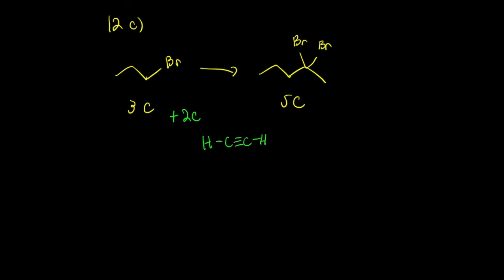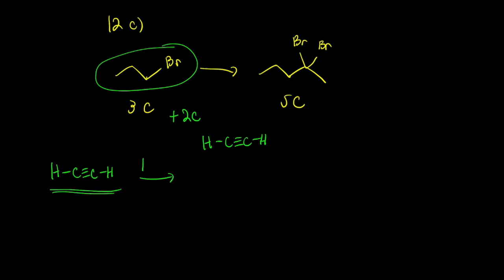So for my synthesis, let's start with acetylene. Remember again, if you're provided with an alkyl halide, you actually want to start with acetylene. Treat this with sodium amide. And if you're noticing a certain amount of repetition, that's good. You're seeing the patterns.